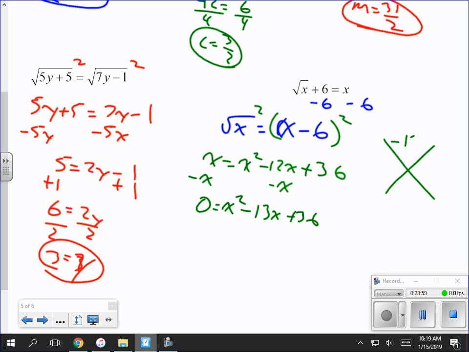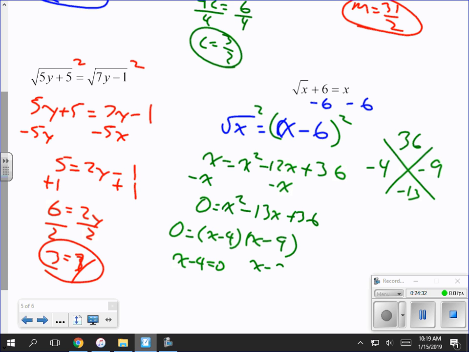Set it up, 36, negative 13. Two numbers that multiply to give me 36 that add to give me negative 13. Negative 4, negative 9. So I get 0 equals x minus 4, x minus 9. X minus 4 equals 0, x minus 9 equals 0. X equals 4, x equals 9, and then I have to try them.